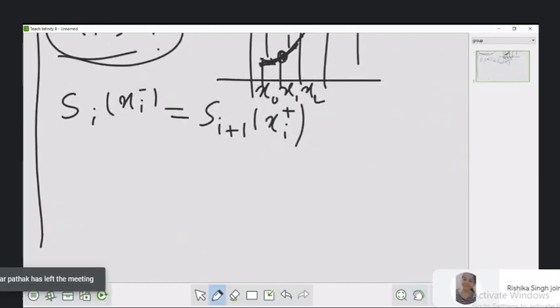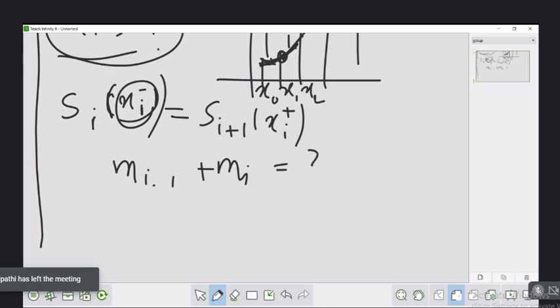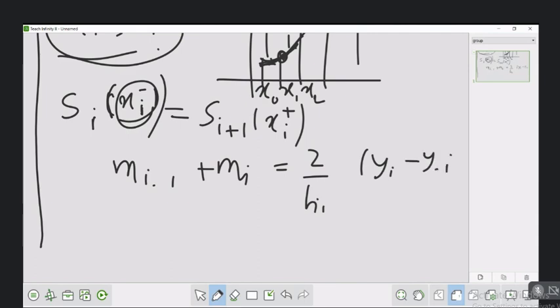So when we put the values and simplify, plug in xi in si and si plus 1 and solve it, what you'll get is mi minus 1 plus mi equal to 2 over hi times yi minus yi minus 1. This is what you are going to get.